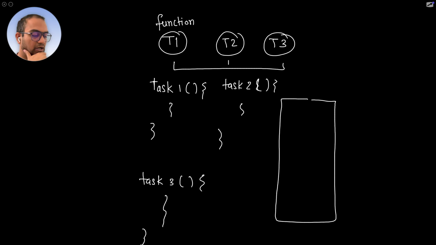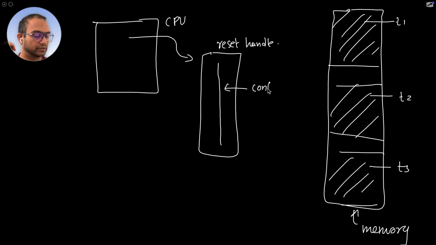Our CPU, as we discussed, when it starts off, is executing the reset handler. So that is where the CPU starts. Then we do some configuration here, and that configuration is part of the trick.